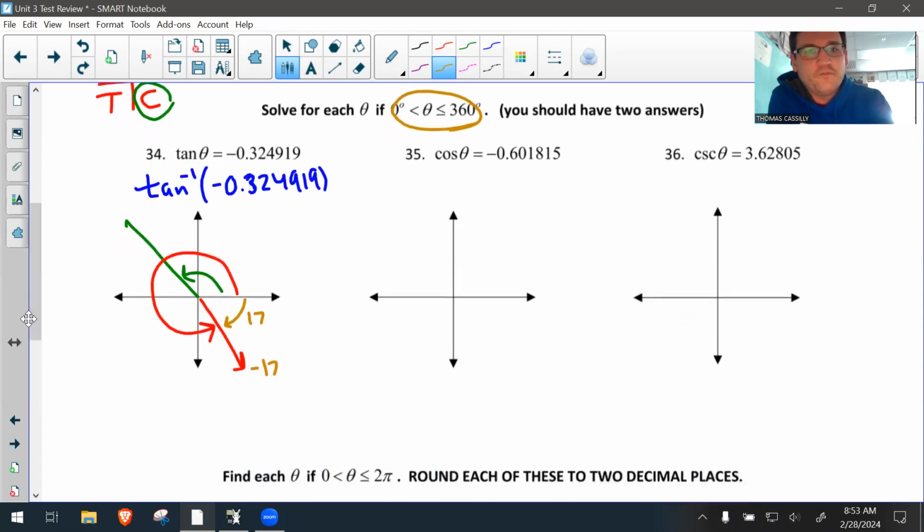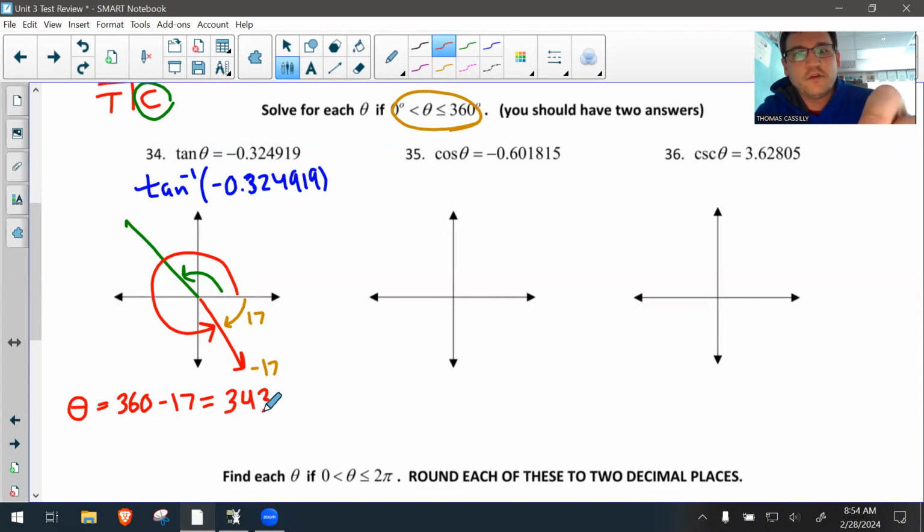To figure out the first answer, we do a full spin, 360 degrees minus that 17-degree angle, so 360 minus 17, which gives us 343.